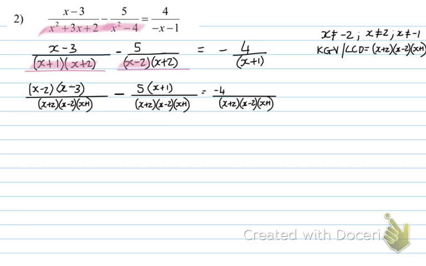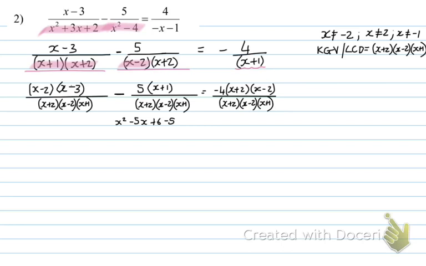And I ask myself, what do I multiply this denominator with to get to the LCD? It's going to be an x plus 2 and x minus 2. So it's going to be 4 times x plus 2, x minus 2.